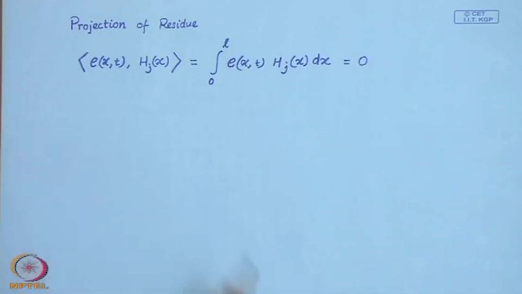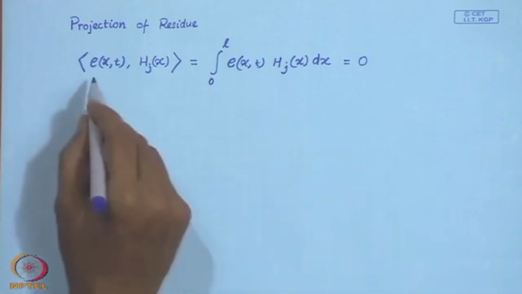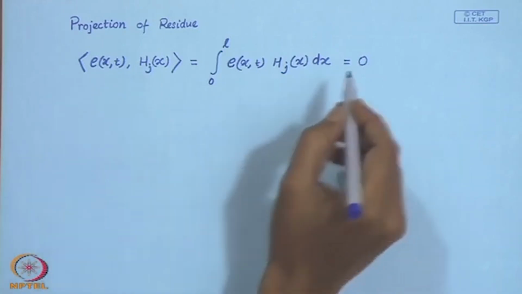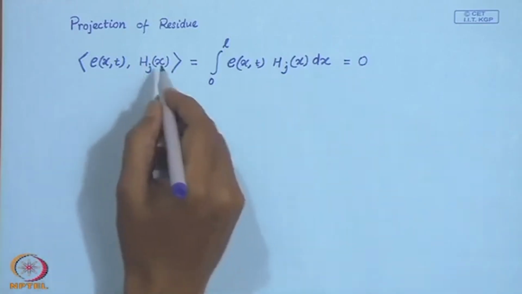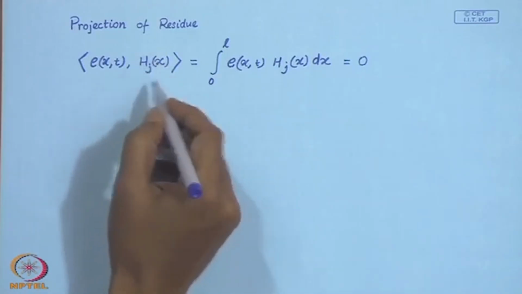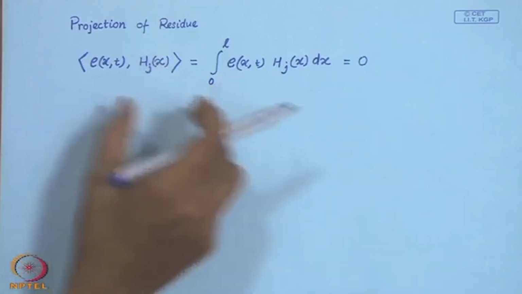Rather than the residue vanishing identically, we say that the projection of this residue on certain functions that we will qualify shortly is 0.